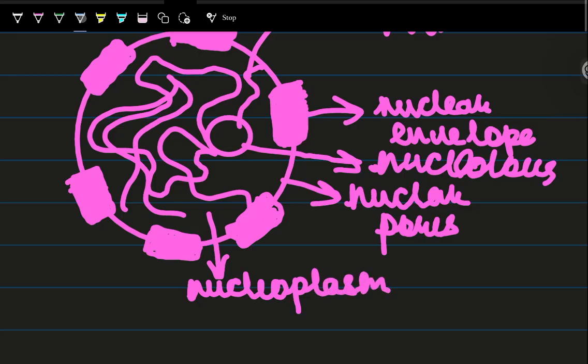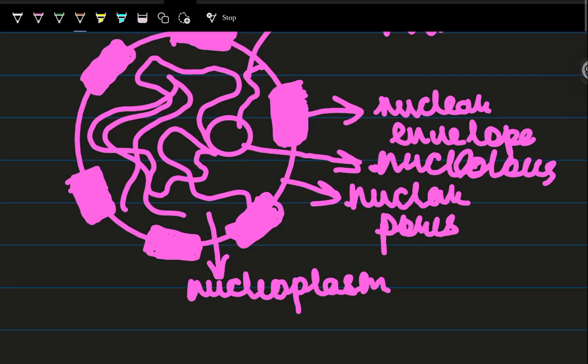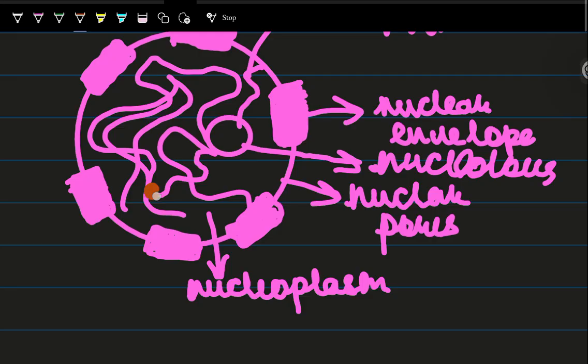Attached to the nucleus, let me use another color, orange preferably, are small dots, but don't write them as dots please.